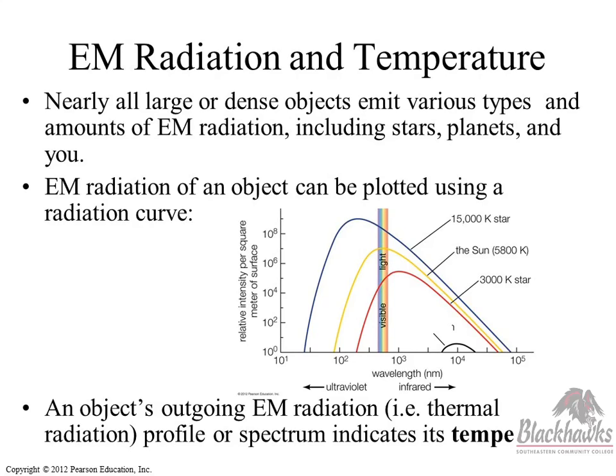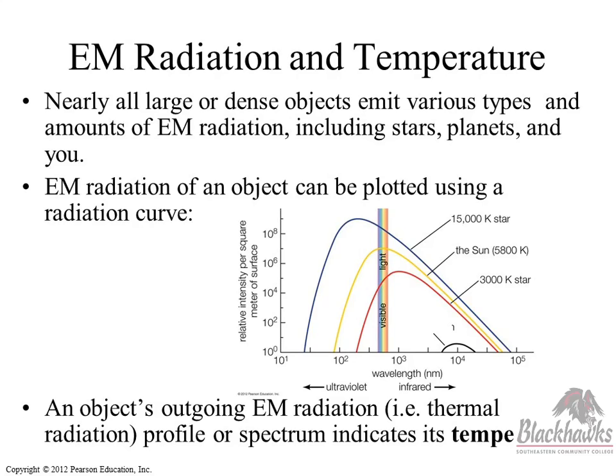We can use that fingerprint, called the black body radiation curve, to know that star is about 15,000 Kelvin. The next one is our sun. Its surface, and these would all be surface temperatures, is almost 6,000 Kelvin. Some of the pretty red stars you see up there, basically the redder the star, the cooler it is. I know it sounds backwards.